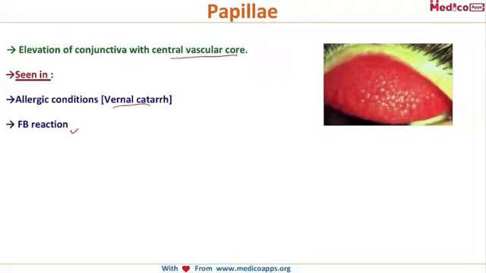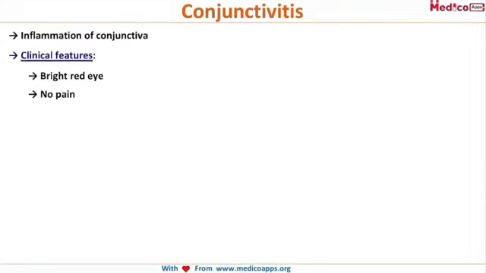Now let's start off with conjunctivitis, the most common inflammatory condition of conjunctiva, right? The clinical feature is a bright red eye, but the striking feature is the patient does not have any pain. There's no pain, only redness and discharge. Discharge is another important feature in conjunctivitis.